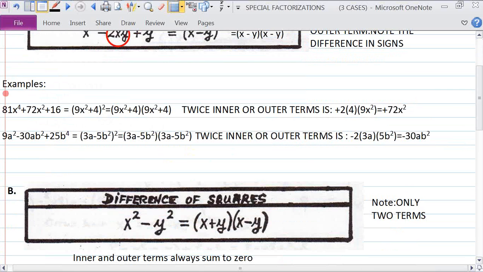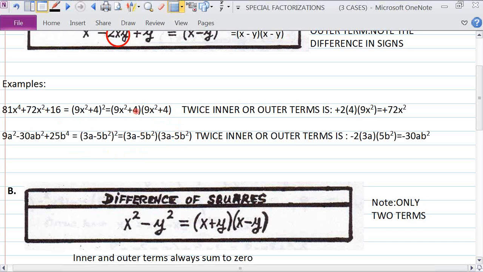Let's take a look at some examples. 81x to the 4th plus 72x squared plus 16 is factorable as 9x squared plus 4, all squared, because I'm multiplying this by itself. So the first times the first gives me 81x to the 4th. I multiply plus 4 times plus 4, I get plus 16.